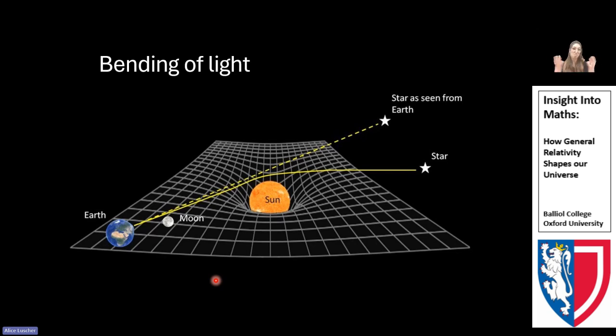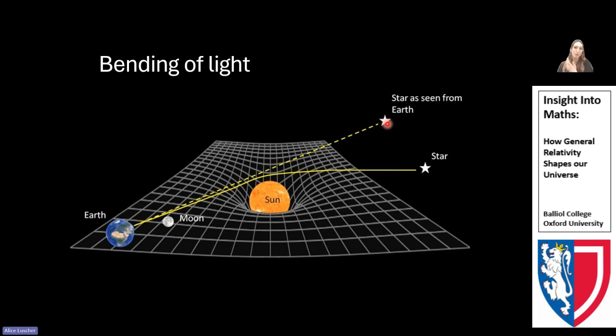But if some massive object, for example the sun, is in the middle between the star and the Earth, then space-time gets bent around the sun. And so the trajectory of the light coming from the star gets deviated when it passes close to the sun. So rather than observing the star where it actually is, you would see it somewhere else in the sky.